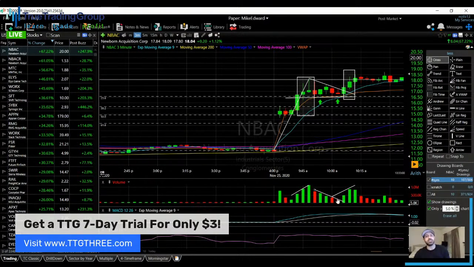That is your ideal volume for a bull flag setup. And what you will notice at the bottom of the screen now is that is absolutely picture perfect textbook volume for a bull flag. Increasing volume on the way up, decreasing volume during the flag, increasing volume on the breakout of the flag.